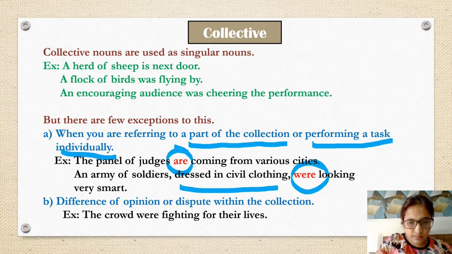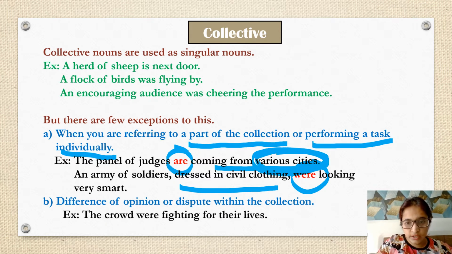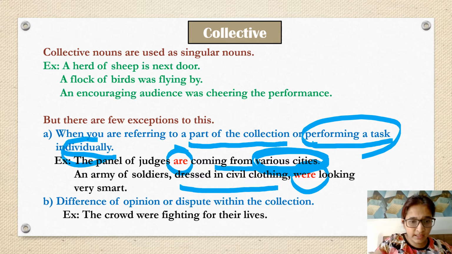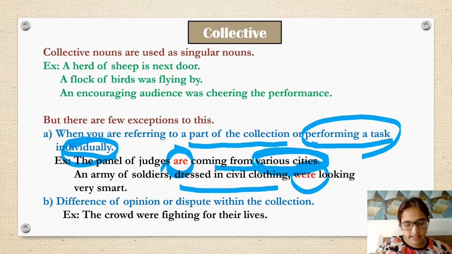Now, in this case, because the panel of judges are coming from various cities, although you refer to them as one, since they are performing a task individually, that is why we are using the plural form here. Because they all can't come from the same place, right?